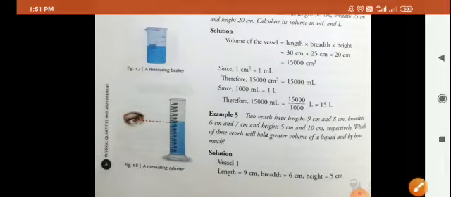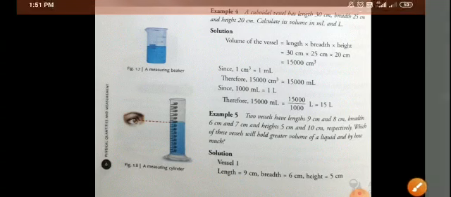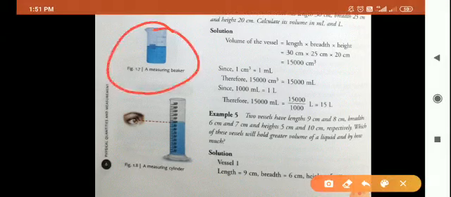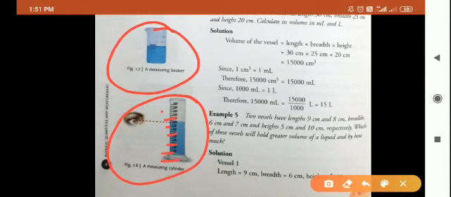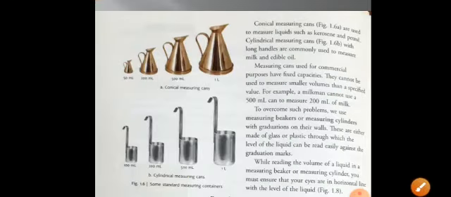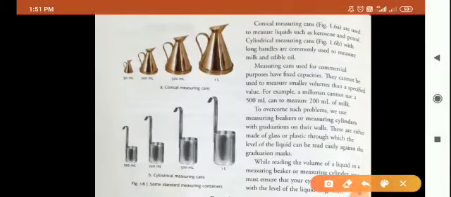Let us see. See here, this is your measuring beaker and this is your measuring cylinder, and see, their readings are marked here, graduations are done here. See this line here, measuring beakers or measuring cylinders with graduations on them.